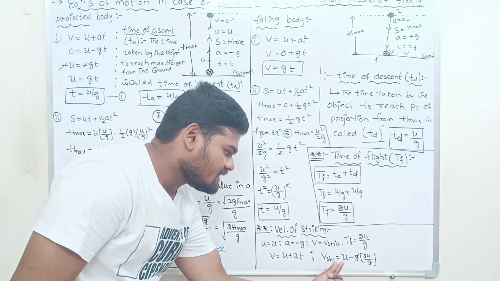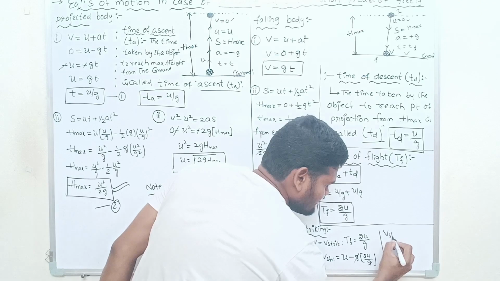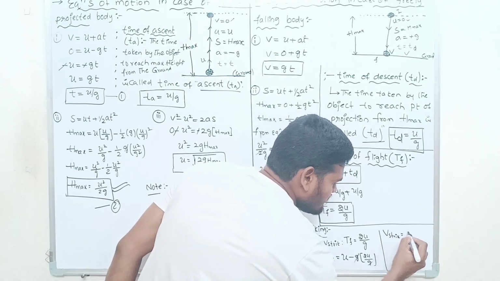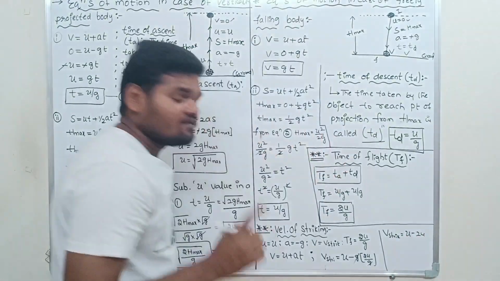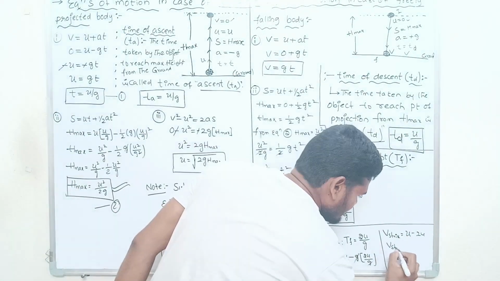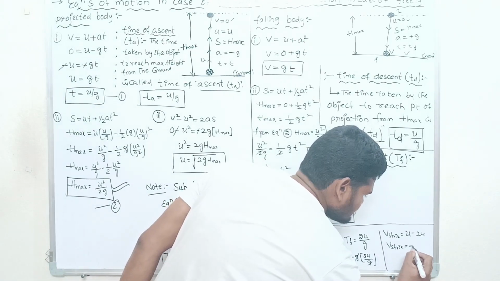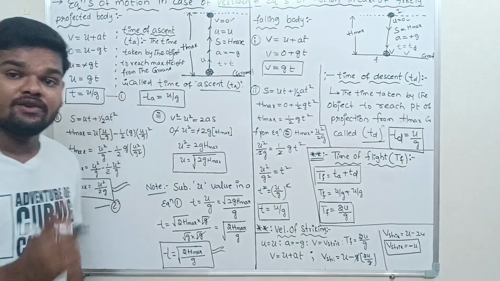So velocity of striking is equal to u minus 2u. What is the value of u minus 2u? That means velocity of striking is equal to minus u. Have a look.